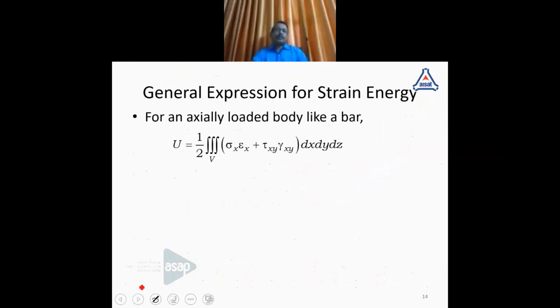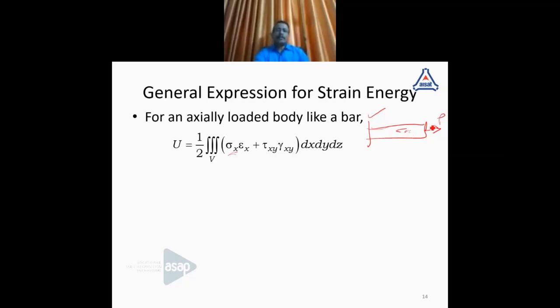So when you come to an axially loaded body, the example which we have discussed earlier, this expression may reduce to this level. Only a normal stress is acting, sigma x, as a load P is applied along the axial direction. Due to that, sigma x is developed along the normal direction.